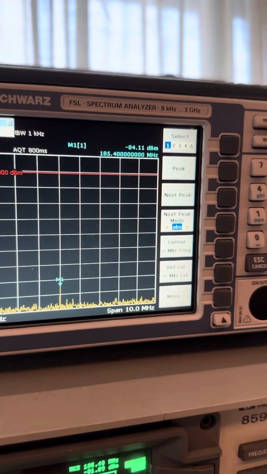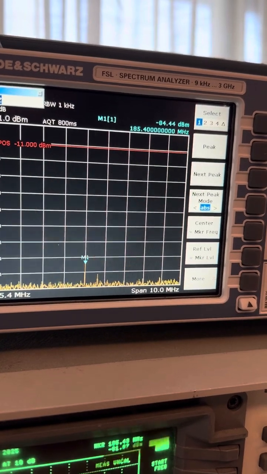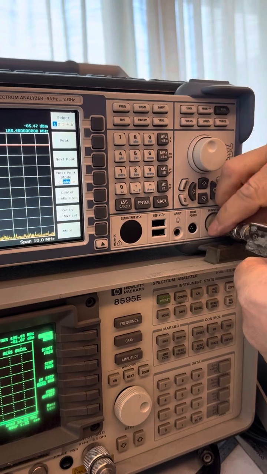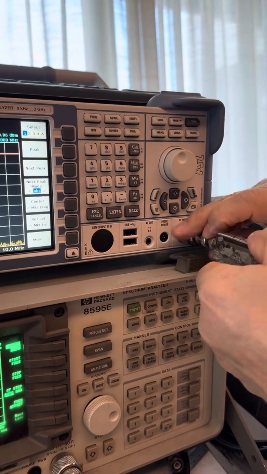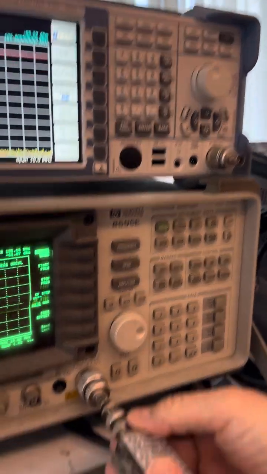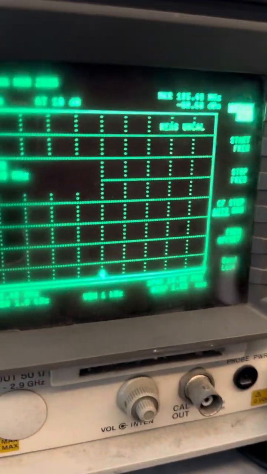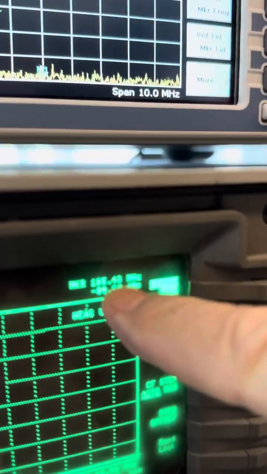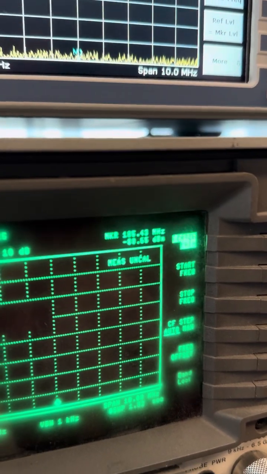And this spectrum is almost invisible because I have 80 dB attenuation. The mark is minus 80 dB, but the harmonic is minus 83.